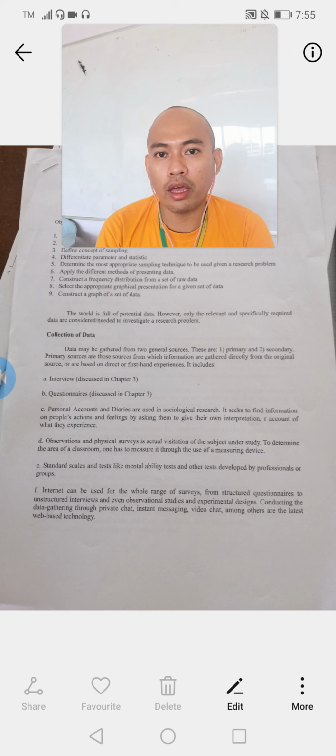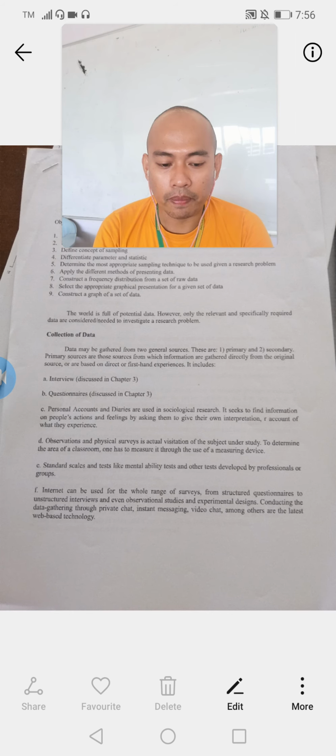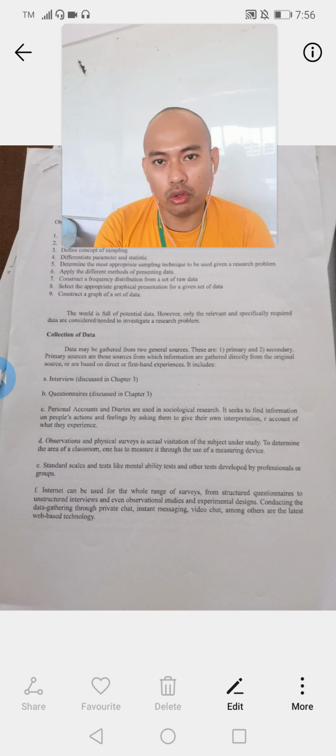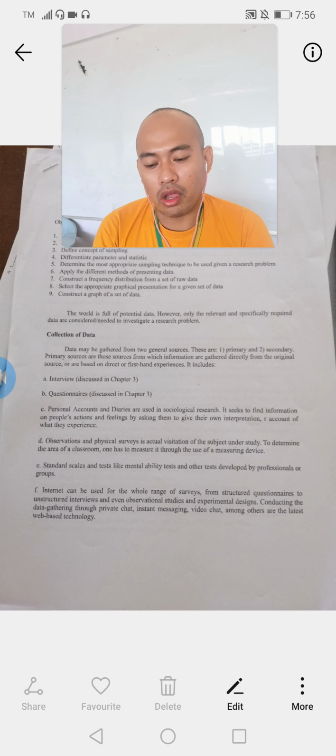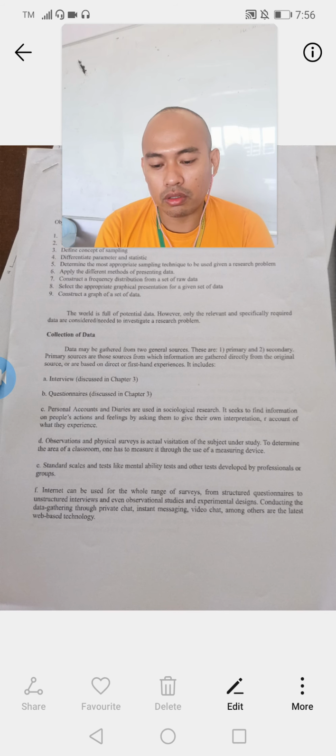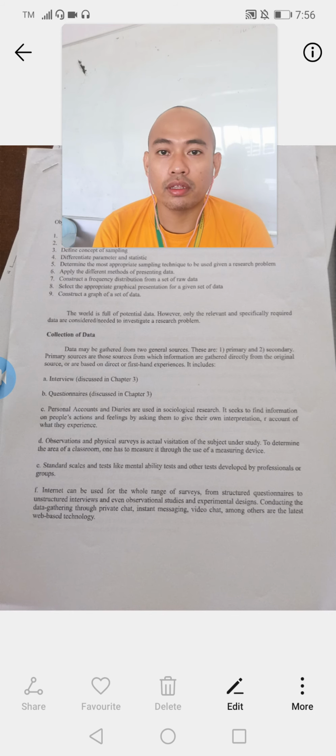So this can be done through observation or maybe a physical survey inside the classroom. It is used to determine the area of the classroom. Say for example, one has to measure it through the use of a measuring device. So this is through observation or physical survey.